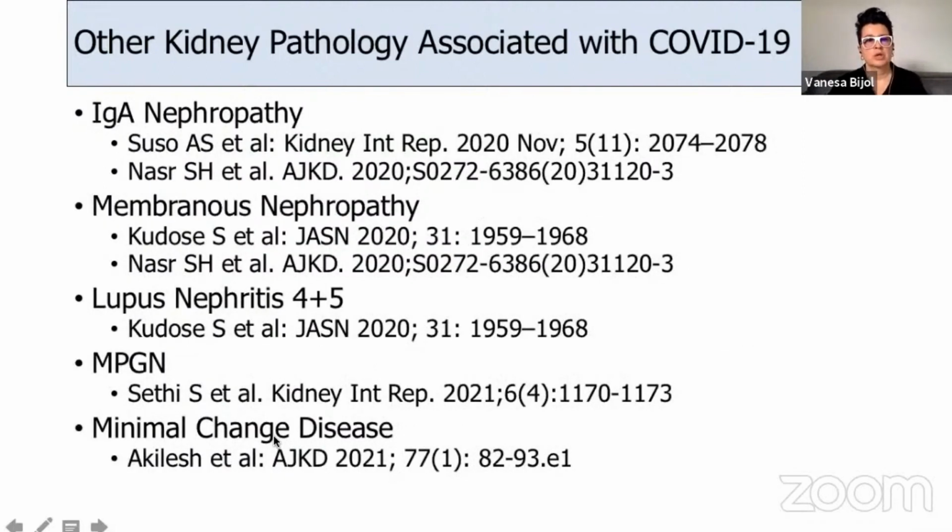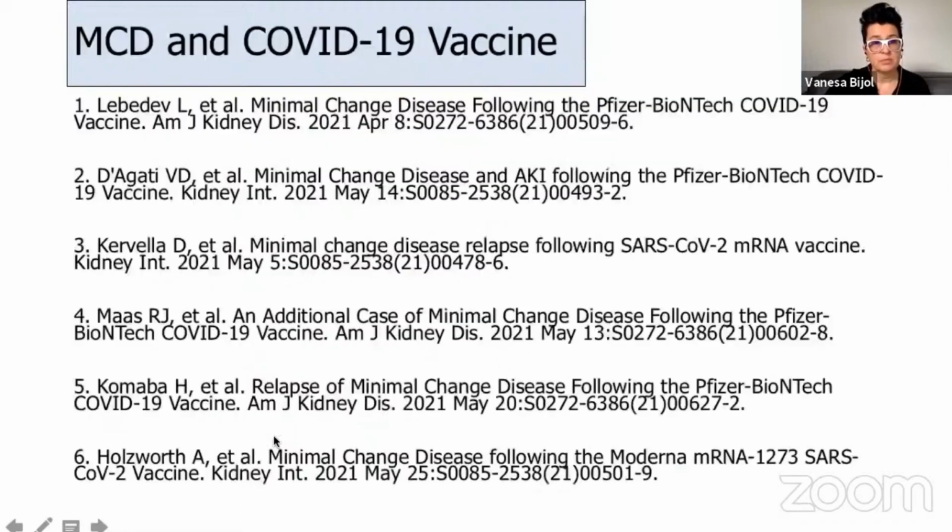Now you can argue that some of them are coincidental, others may be worsened or triggered by COVID-19, but here they are, all listed. I'm not going to go through all of these examples. I'll just mention that in membranous nephropathy, both PLA2R positive and negative forms have been described.